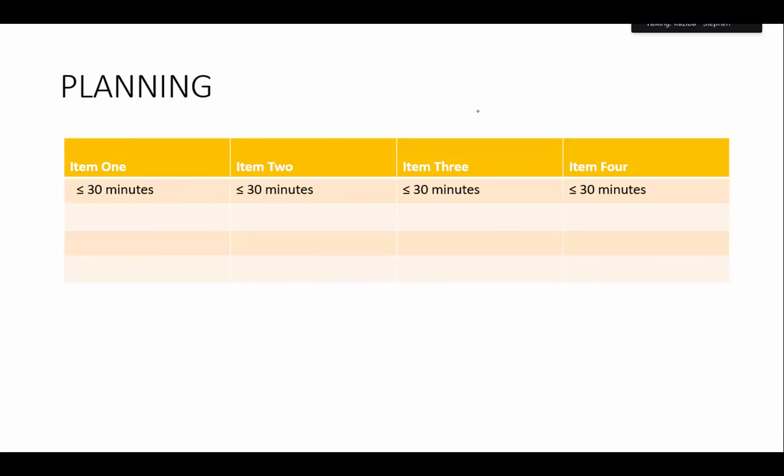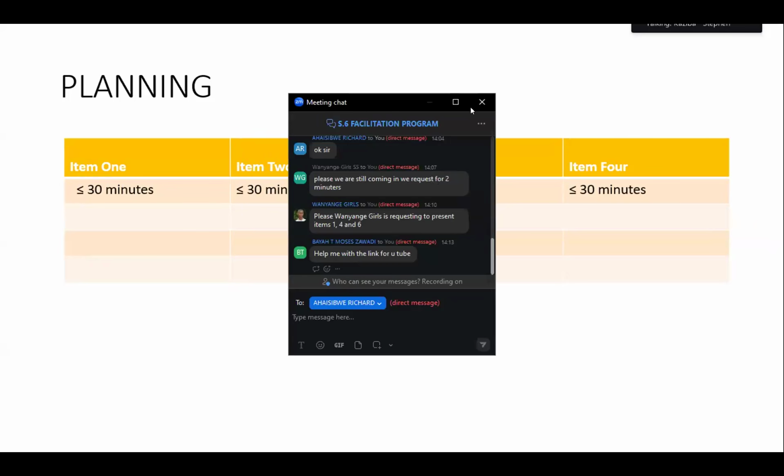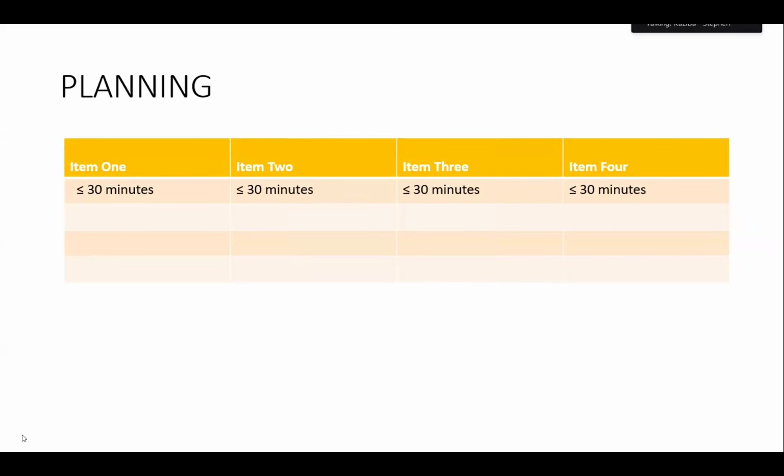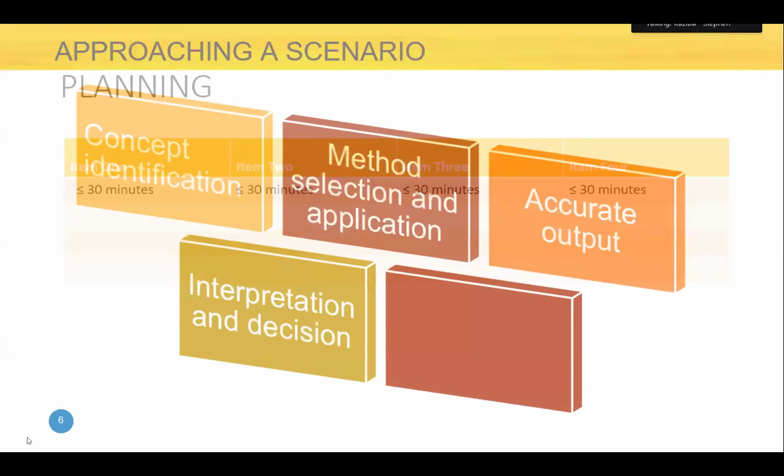The moment you find yourself spending more than 30 minutes on just one item, it means that chances are high you are not going to be able to complete the paper. So the moment you see that you are taking 1 hour and you are still on one item, it is an indicator that you may not be able to complete the paper. So you need to plan better concerning time management.